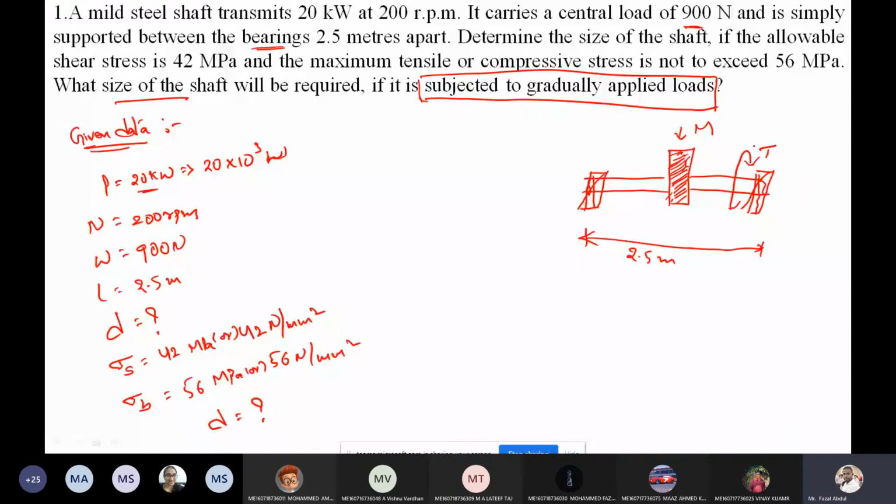It means the system is subjected to a combination of torsion and bending. Because of power transmitting, it is subjected to torque. Because of the central load, it is subjected to bending moment. So two alphabets appear here, T and M, which is nothing but a combination of torsion and bending moment.